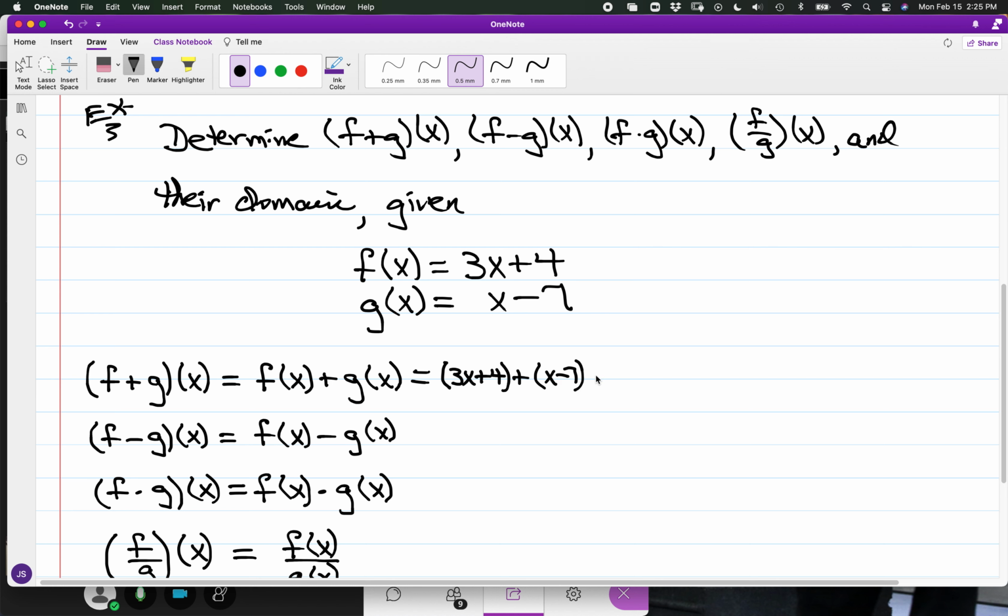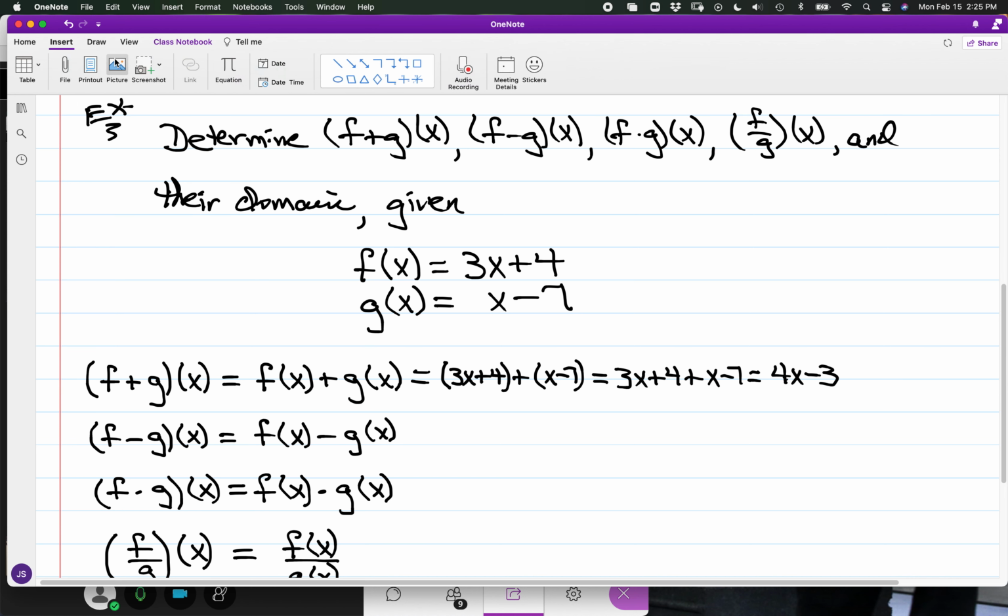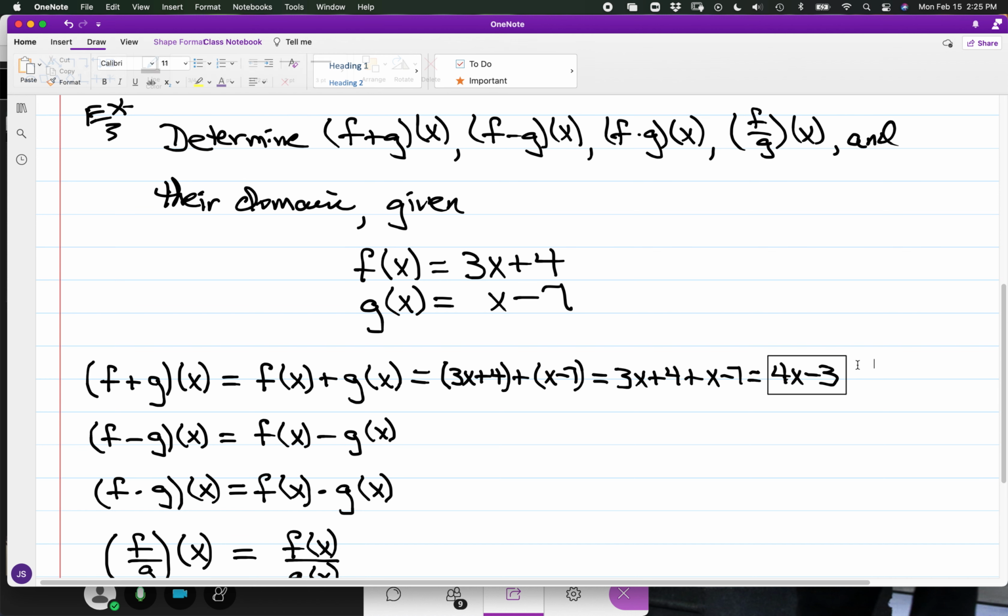If I add f of x and g of x, we have 3x plus 4 plus x minus 7, and combining the terms, 3x plus x becomes 4x, and 4 minus 7 becomes negative 3. So for the sum of the functions, this will come out to 4x minus 3. So if you add functions together, your result might be something other than addition, like in this instance.